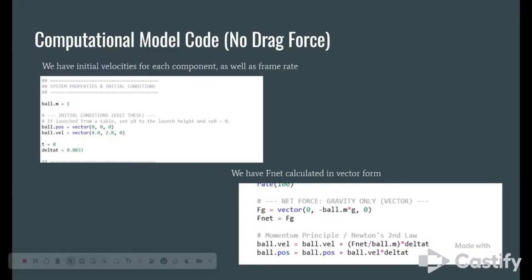So our computational model code without drag force, we had the position vector, which we started at 0, 0, 0, and then our initial velocity, which was 4, 2, 0, which is 4 in the x direction, 2 in the y direction, 0, and then our frame rate of 0.0033 for a delta t, and then we had our position and velocity update formulas, as well as the F net for gravity.